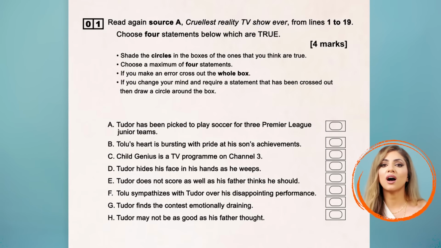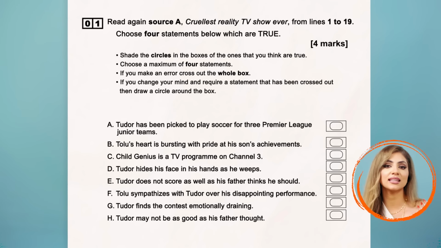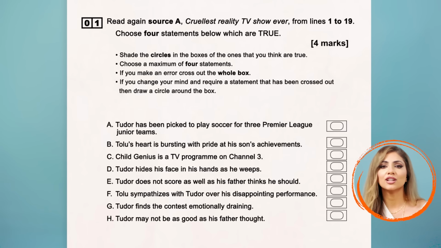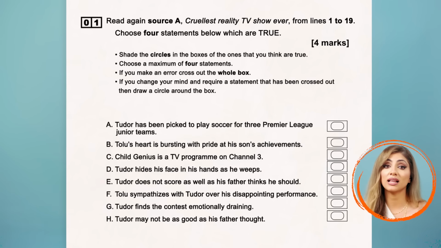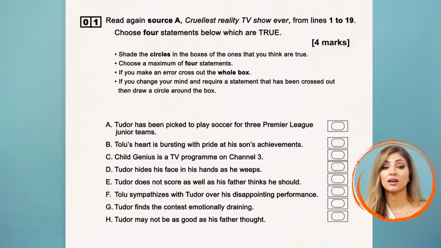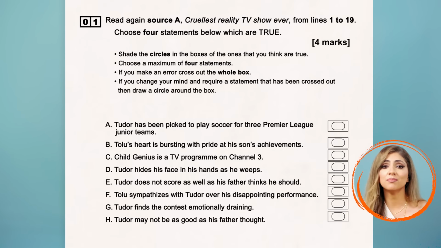D. Tudor hides his face in his hands as he weeps. E. Tudor does not score as well as his father thinks he should. F. Tolu sympathizes with Tudor over his disappointing performance. G. Tudor finds the contest emotionally draining. H. Tudor may not be as good as his father thought.